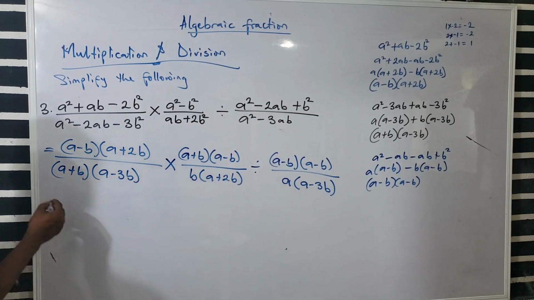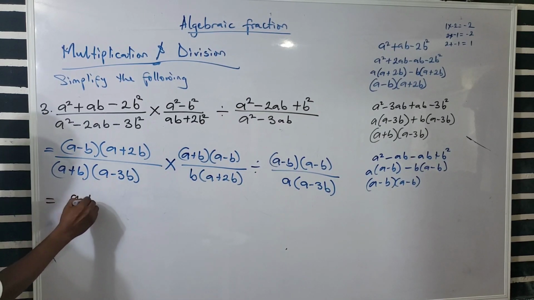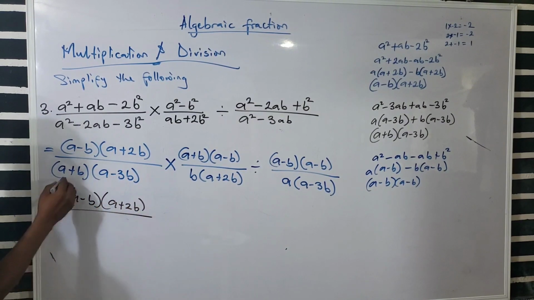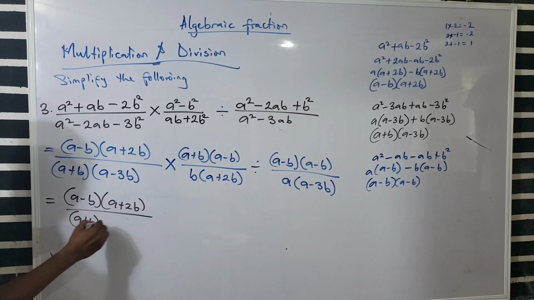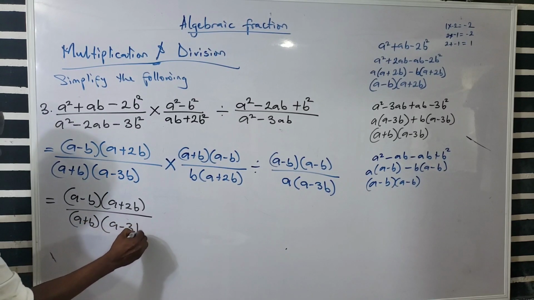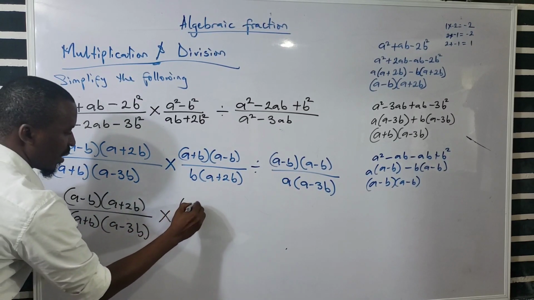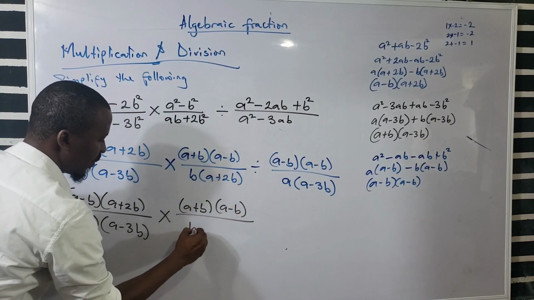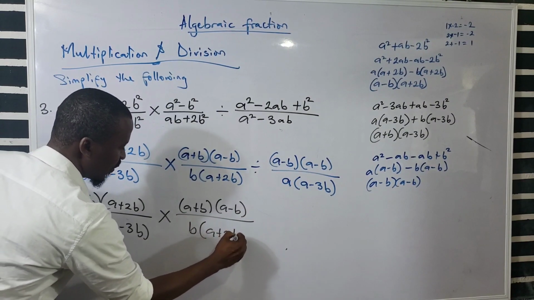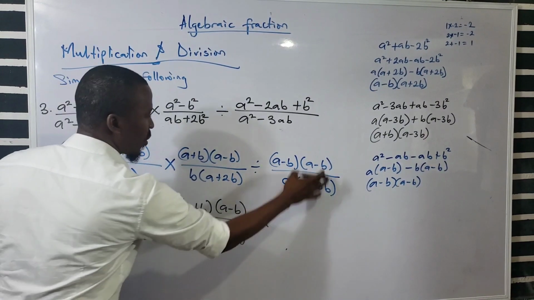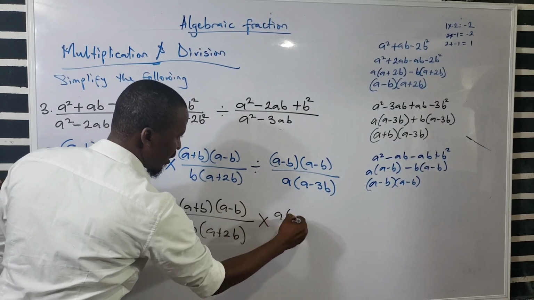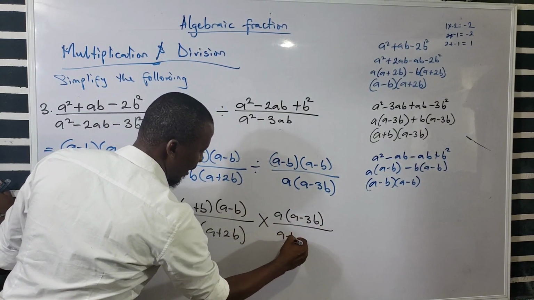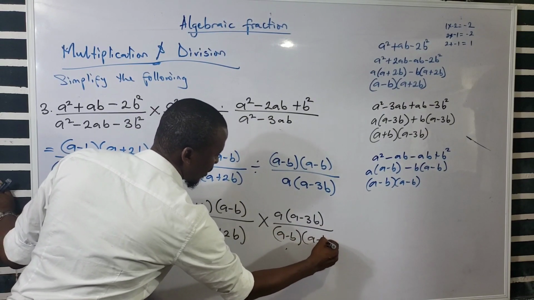So that will give us a minus b into a plus 2b all over a plus b into a minus 3b, times a plus b into a minus b over b into a plus 2b, times, this one will come up, this one will go down, a into a minus 3b all over a minus b into a minus b.